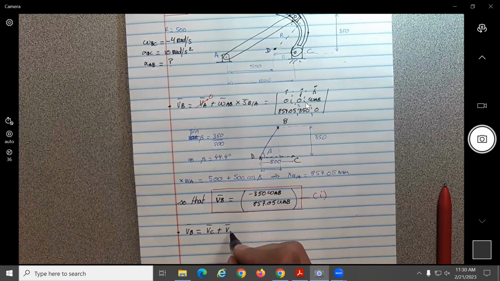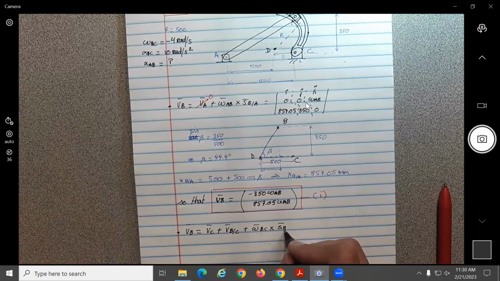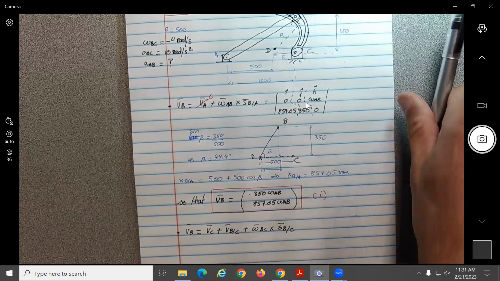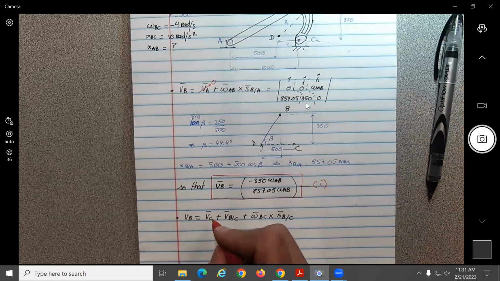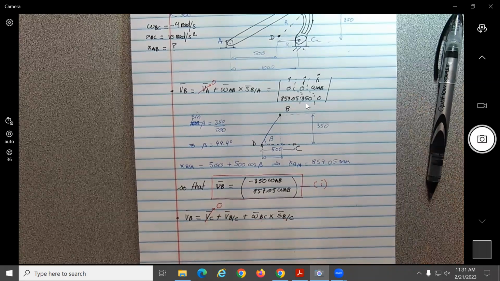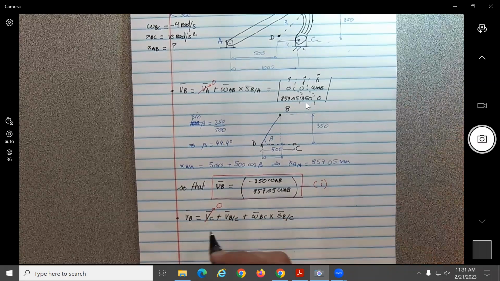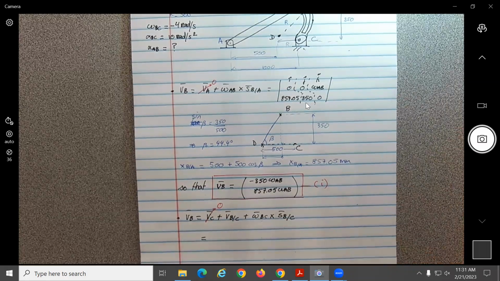So velocity of B with respect to C plus omega BC cross S of B with respect to C. All right, so we're thinking, what is VC? 0, no. What are we going to know about VBC? We're not going to know the magnitude, but we're going to know the direction, no?